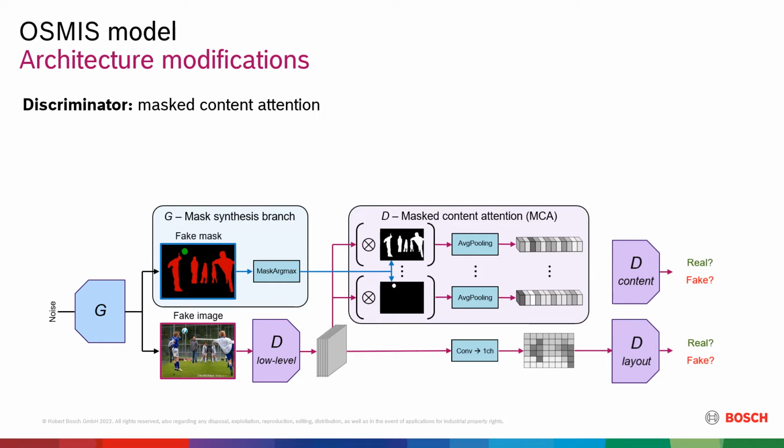To this end, we introduce a masked content attention module. It receives a downsampled segmentation mask and intermediate image feature representation and produces a set of n content vectors corresponding to the masked content representations of each object and background. Accordingly, we redesign the objective of the content discriminator.